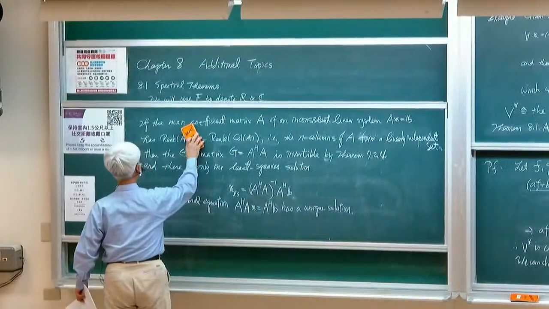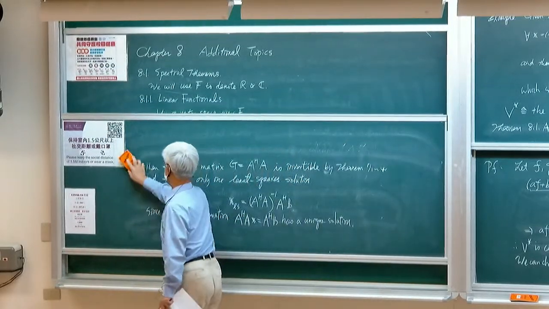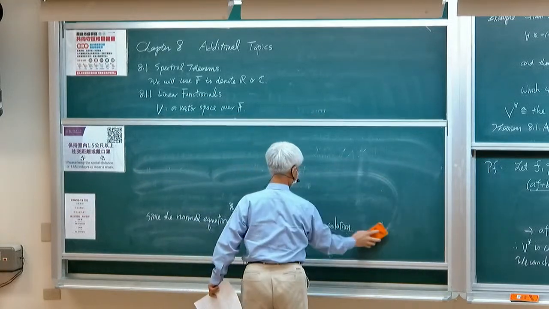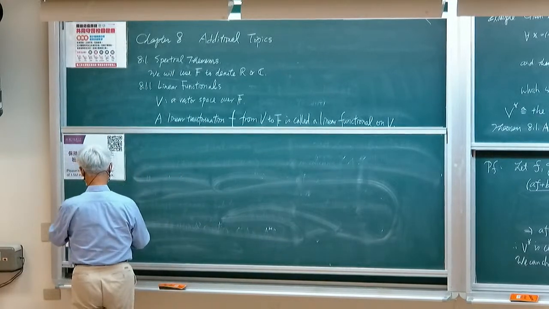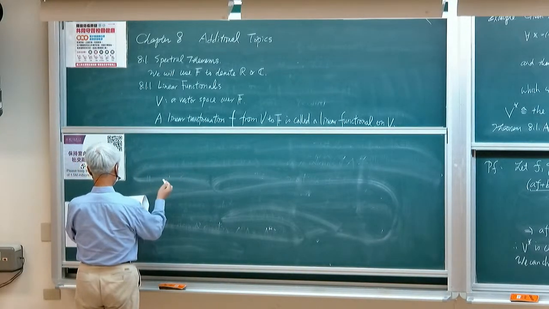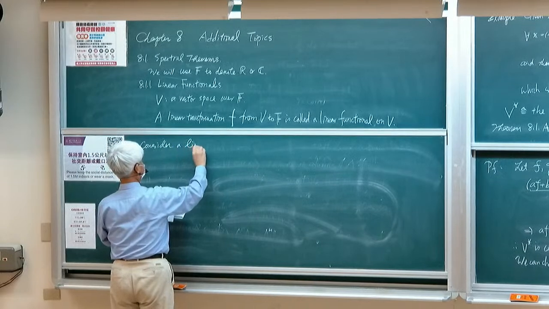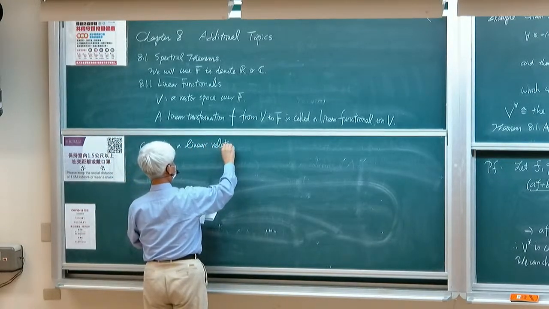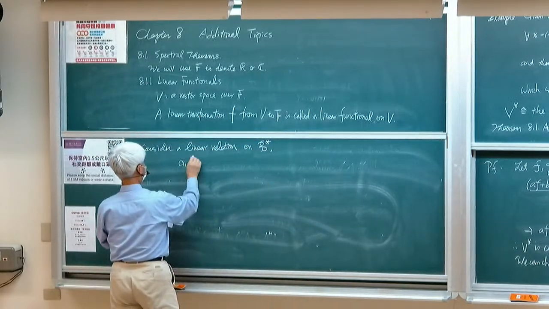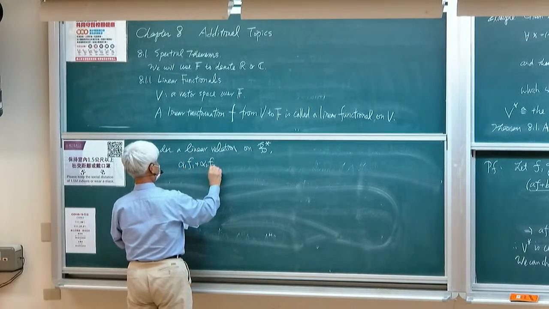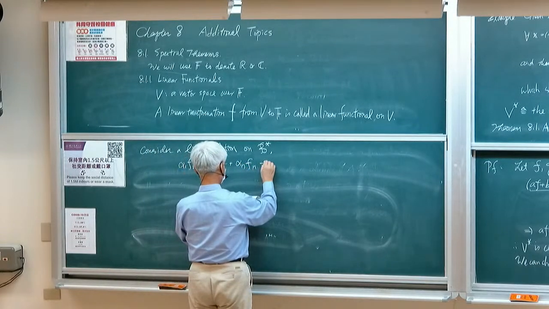Next, we have to show that B star is a linearly independent set. So we consider a linear relation on B star: alpha 1 f1 plus alpha 2 f2 plus and so on plus alpha n fn equal to 0.